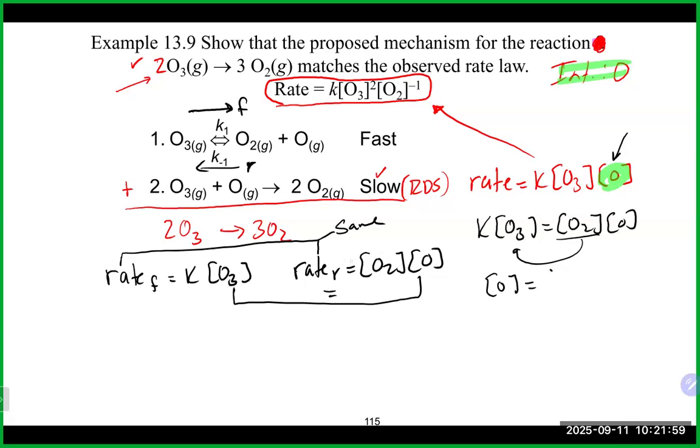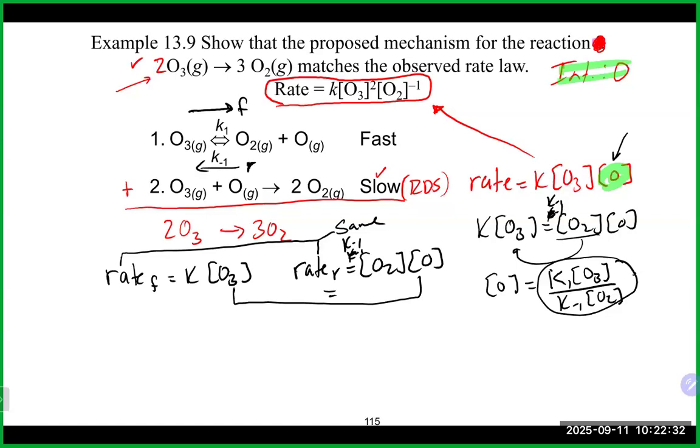I feel like I lost a K along the way, so there should be a K to the -1 there.